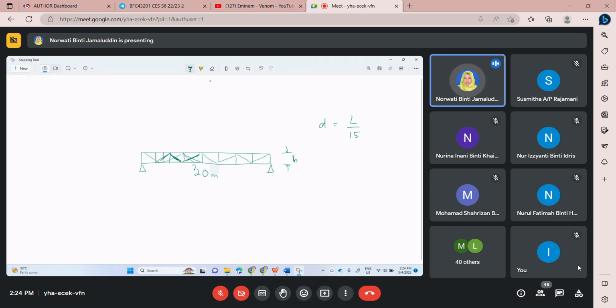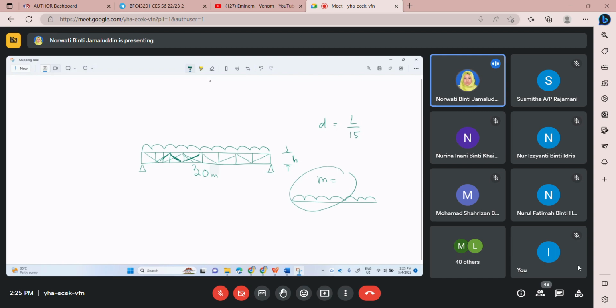If you have loading, a UDL load, let's say, remember this is like a beam, like you already learned in RC design. Then you can have a moment here. Based on this moment, you can estimate the suitable height for this truss.